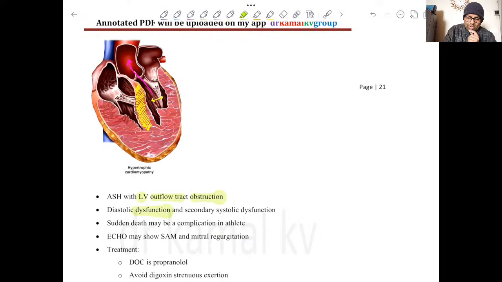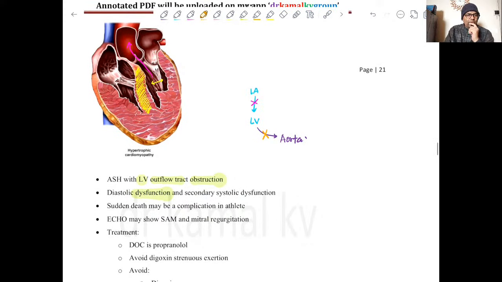It means the blood cannot come from the left atrium to the left ventricle normally, right? So diastolic dysfunction, and the blood cannot go from the left ventricle to the aorta. So this is systolic dysfunction, clear? So the overall physiology is... yes, Anas bhai, the cavity is banana shaped, good.